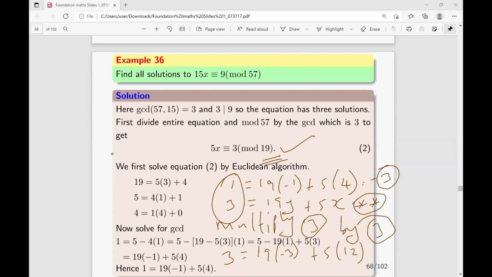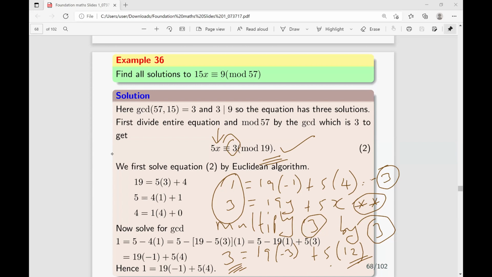We have obtained the value of x. A number which, when multiplied by 5, gives you 3 is 12. So that is x.